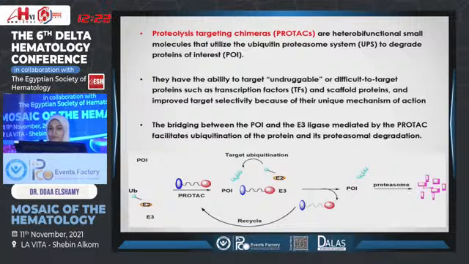They have the ability to target the undruggable or difficult to target proteins such as transcription factors, and to improve selectivity because of their unique mechanism of action. The bridging between the protein of interest and E3 ligase mediated by the PROTAC facilitates the ubiquitination of the protein and its proteasomal degradation.